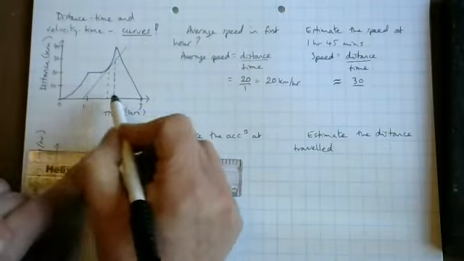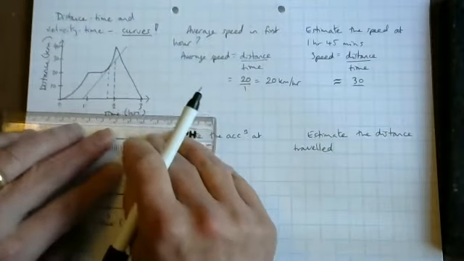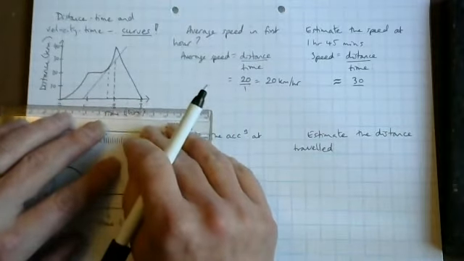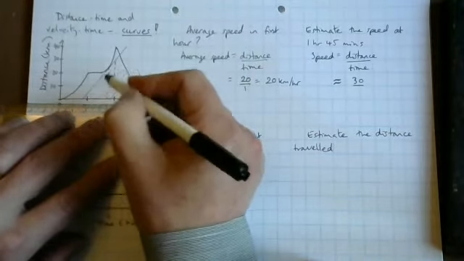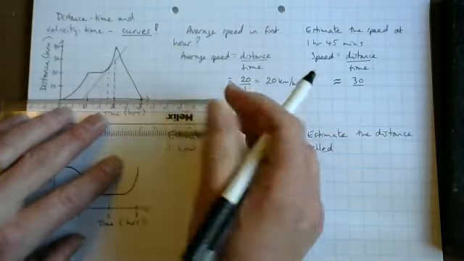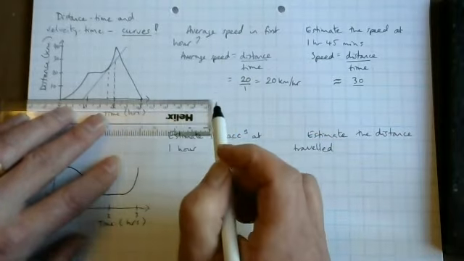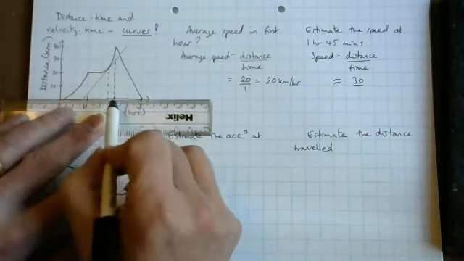30 over that time there. Well, we know that each square is 1 centimetre. So I've gone 1, 2, 2.3 approximately. So that's 1 hour.